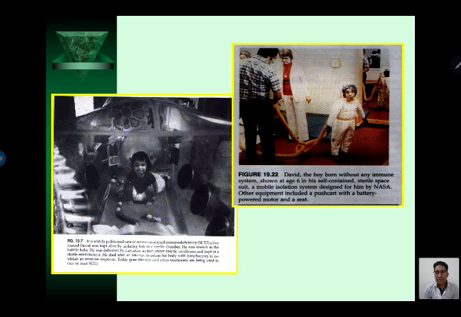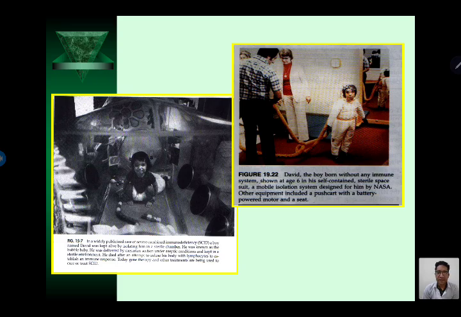In a widely publicized case of severe combined immunodeficiency, a boy named David was kept alive by isolating him in a sterile chamber. He was known as the bubble baby. He was delivered by cesarean section under aseptic conditions and kept in a sterile environment.